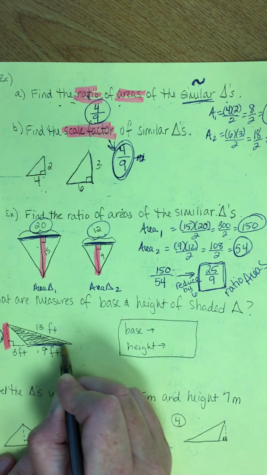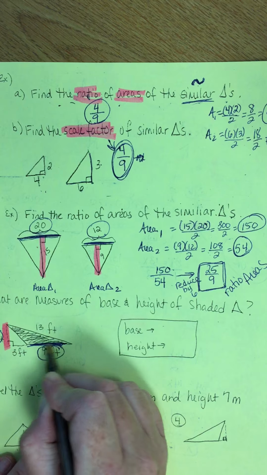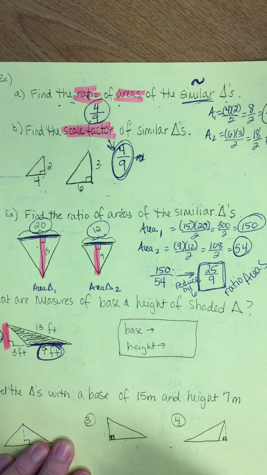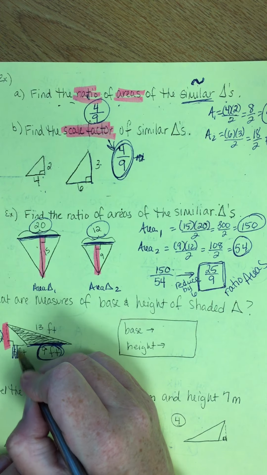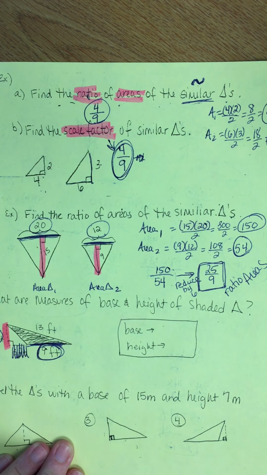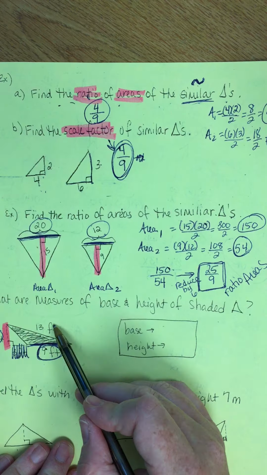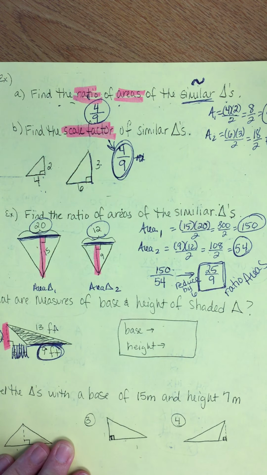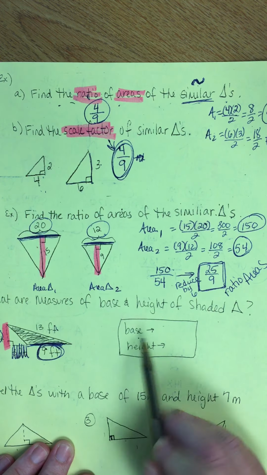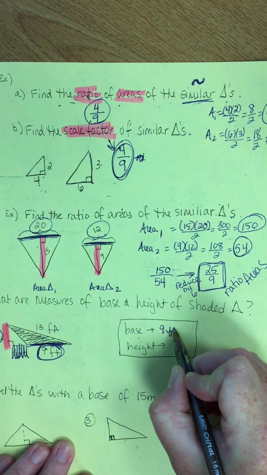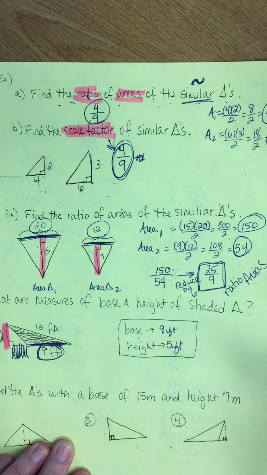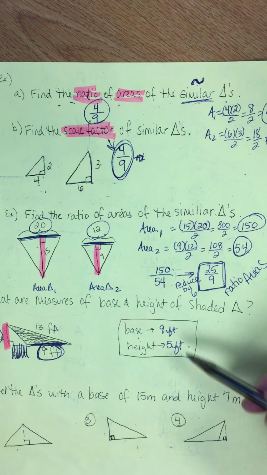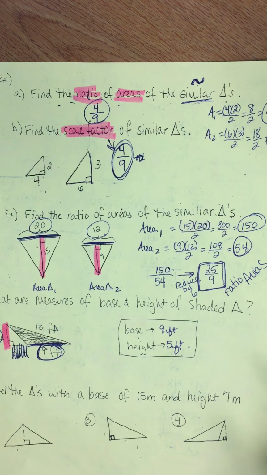Well, it's only a side of the triangle, 9. So these are the only 2 numbers you need. This was thrown in there to make you confused. It's not part of the shaded triangle. And this was in there to make you confused. So the base is 9 feet and the height is 5 feet. Good. I wanted you to first be able to identify those 2 things.